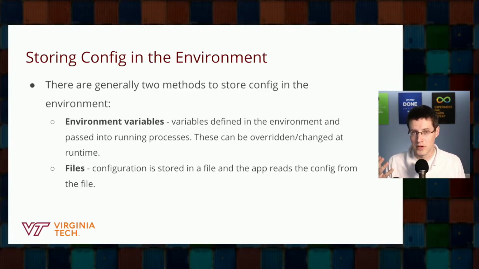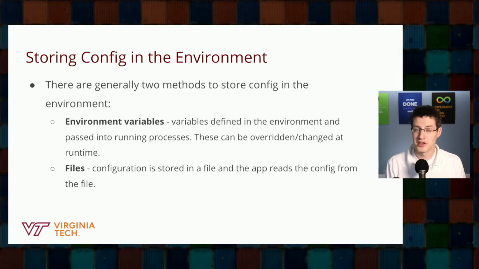And in case you're not familiar with environment variables, we'll see some examples of this in just a few minutes. They're variables that are defined in the environment and simply passed to running processes. They can be overridden or changed at runtime. So I can start a container and specify environment variables, and they're just variables that exist in the environment. And we'll see an example of a node script that can use them.